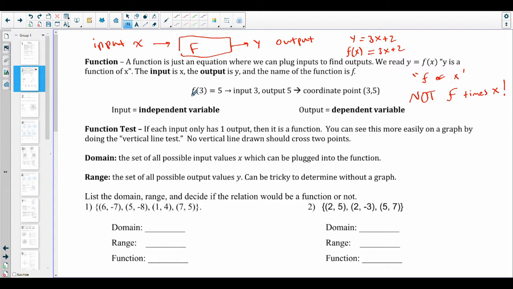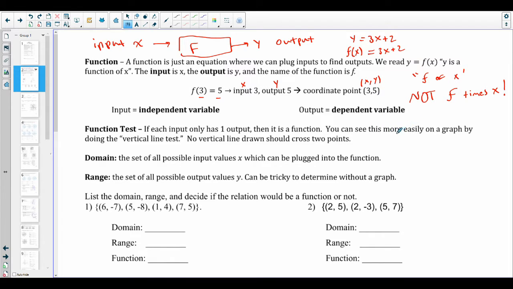So if I had a function like this, f of 3 equals 5 means you input 3, you plug in 3, so x is 3 and y is 5. We can map that to a coordinate point, x, y or 3, 5.